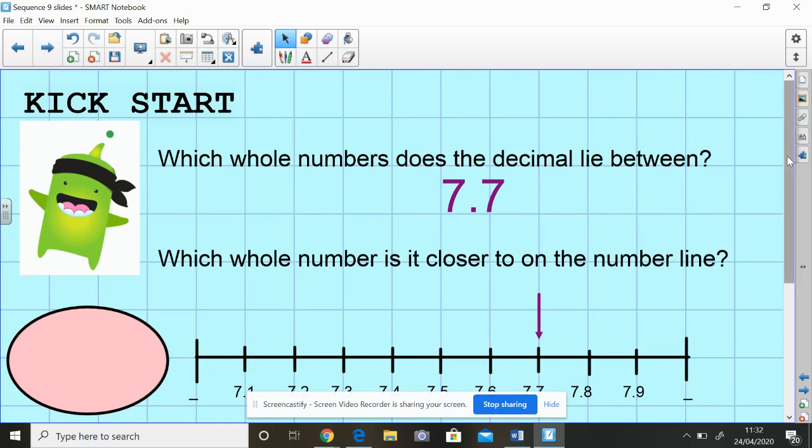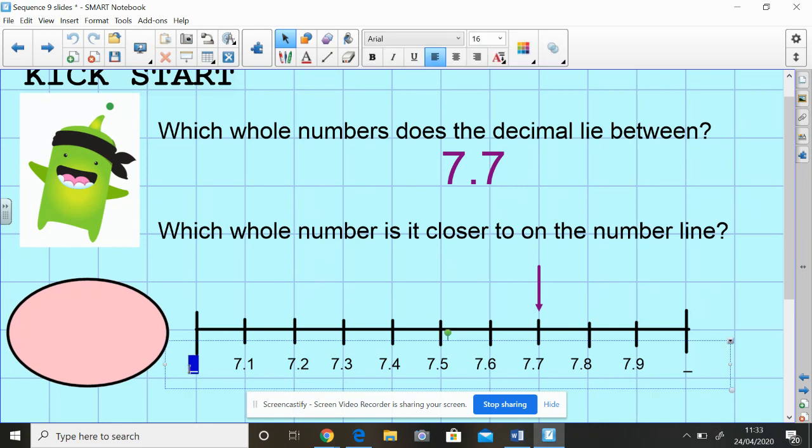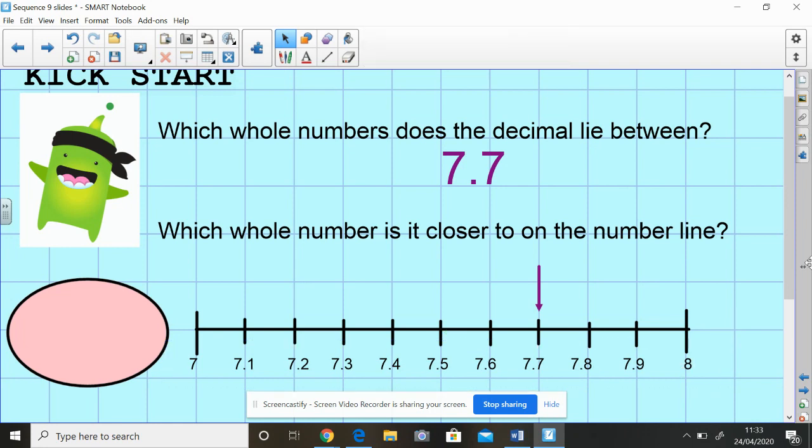Right, the next one, we have 7.7. Now, I haven't got the whole numbers filled in, so I want you to think, what two whole numbers does 7.7 lie between? And that is right. 7.7 lies between the number 7 and the number 8. So we've got the first thing done.